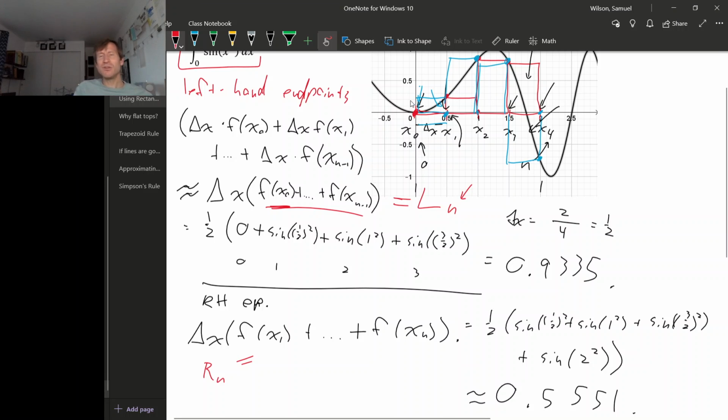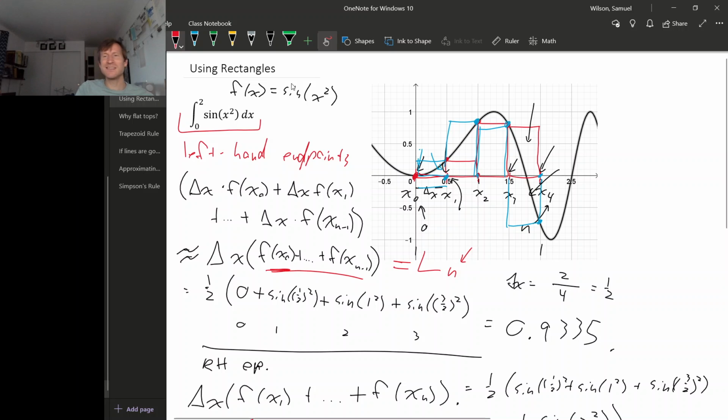Well, if you look at this diagram, it seems a little bit silly to use right-hand endpoints or left-hand endpoints, because whether you use right-hand or left-hand endpoints, there's always a big corner that's sticking out.